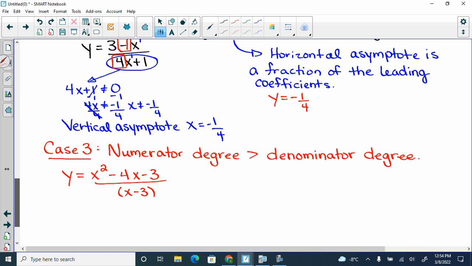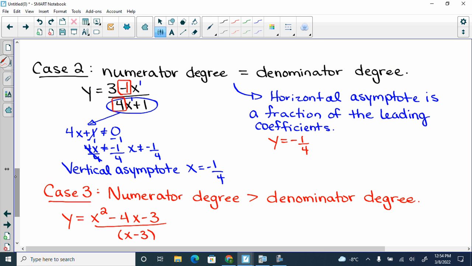Not really. Because if it was like 3x plus 2, then it would be -2/3. You have to just solve for x. You're just finding the non-permissible value for the vertical, which would be the denominator. But for the horizontal, it's just a fraction of the leading coefficients. So why isn't it just 1/4? Because it has a -1 sign in front of the number. It's a -1.